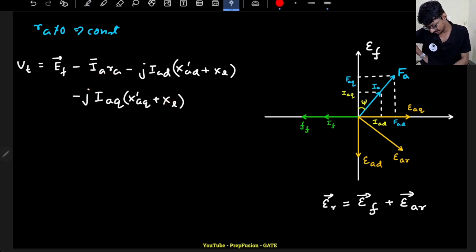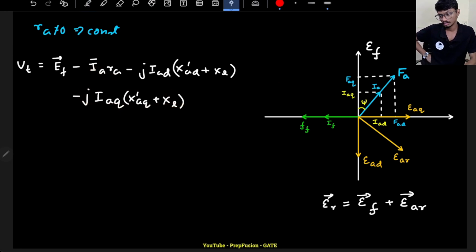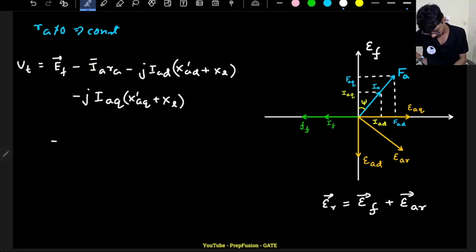Now, we don't always write it like this, they don't directly show you. They directly write this equation: Vt equals EF minus IA RA, you will never see the full equation. No one will write this equation.